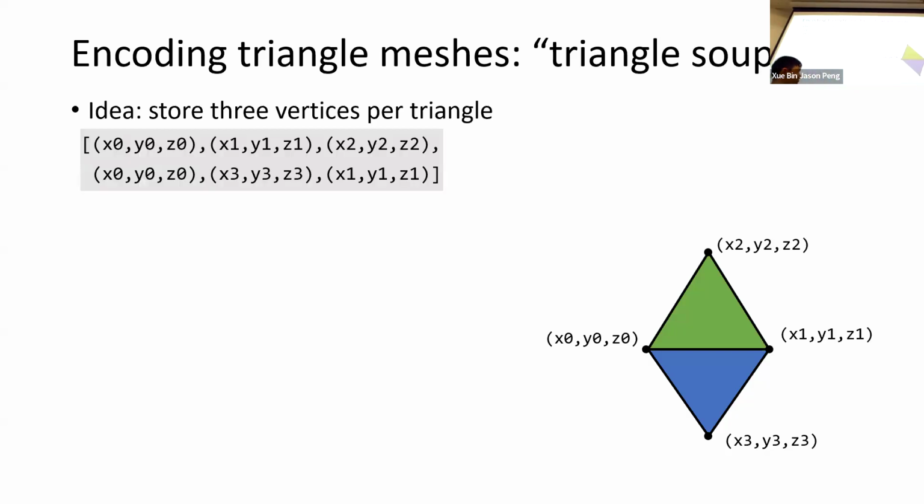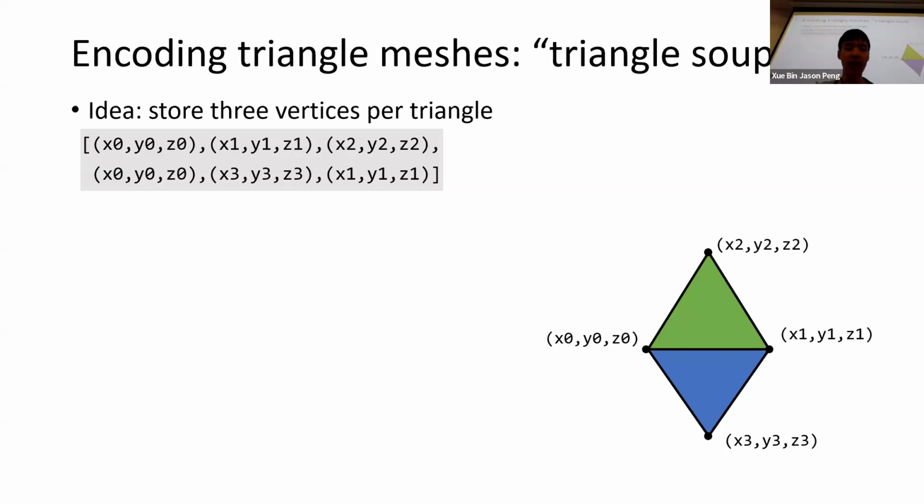Okay. So on the right here, we have a very simple mesh that consists of two triangles formed by four different vertices. So we have a blue triangle on the bottom and a green triangle on top. And so we can represent this mesh as just a collection of two triangles. And we can just make a list that explicitly stores the two triangles that represent our mesh.